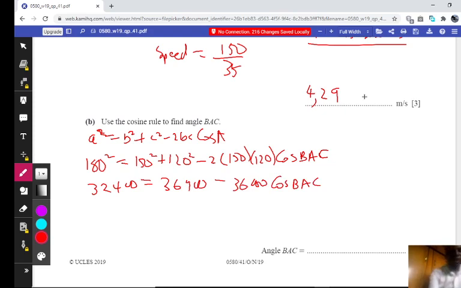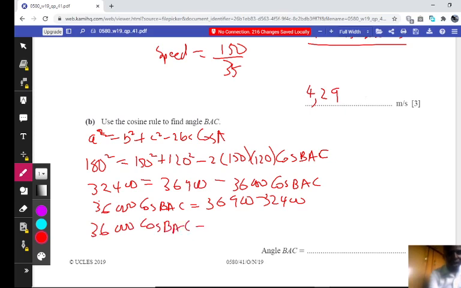Then after that, the coefficient of cos must be positive, so you say 36,000 cos BAC is equal to 36,900 minus 32,400.